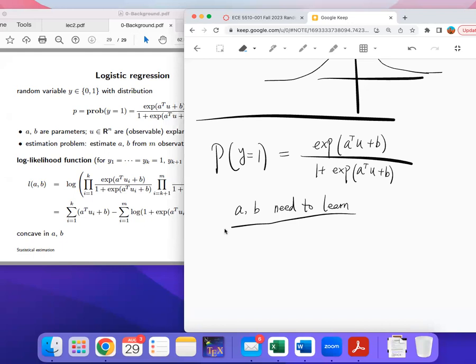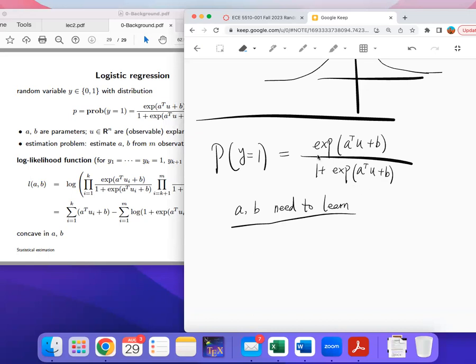So what does this model do? Suppose I solve a logistic regression problem and somehow get a very good a and b. How do I utilize this model? Say you have a new patient with feature vector u. What you do is take the inner product between a and u plus b, and then calculate this big fraction.